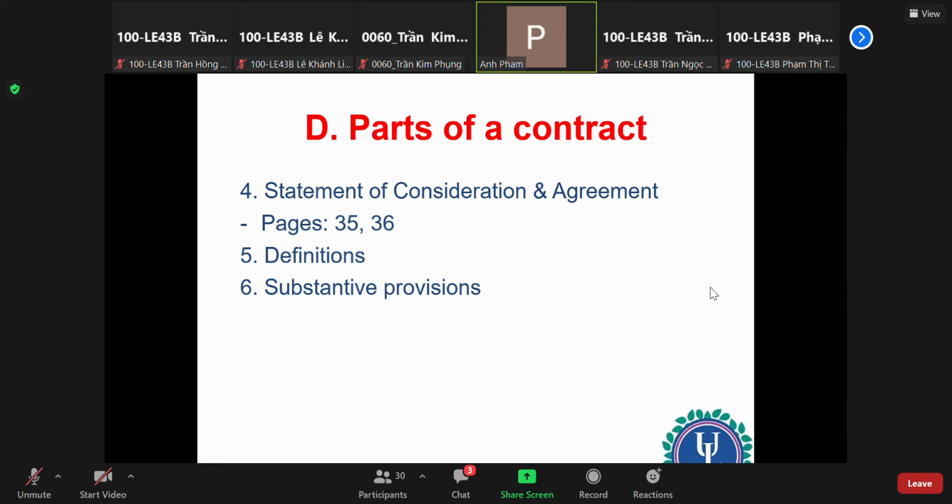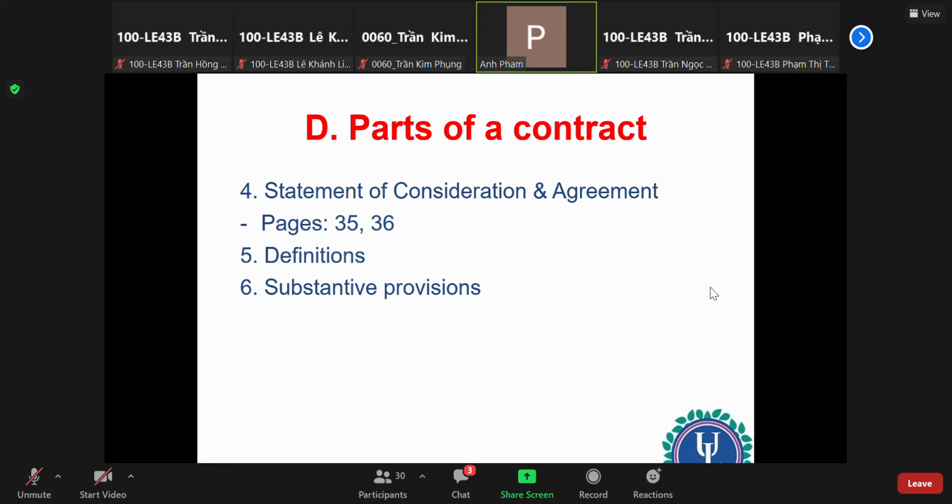Just want to inform you that in Vietnam, when we draft a contract in Vietnamese, we rarely use a definition section. That can make the contract long, because they need to repeat a very long word many times in the contract, so it's not good at all.